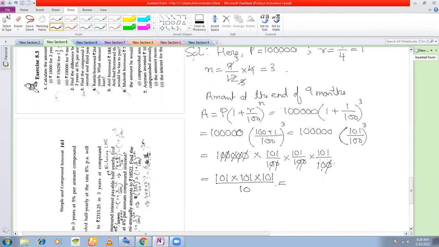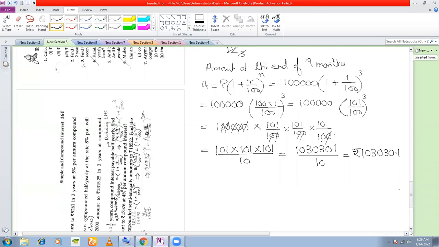If you multiply this, you are going to get 1030301 divided by 10. You shift one decimal to the left, and you get 103,030.1. So the amount is 1,03,030 rupees and 10 paise.